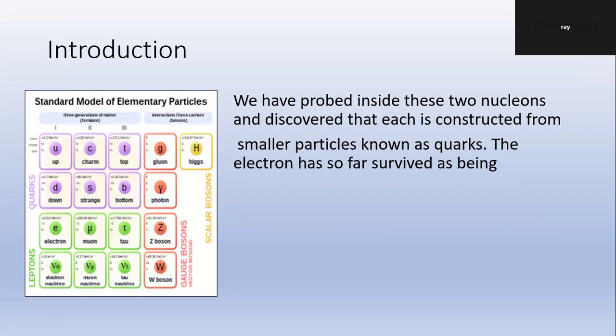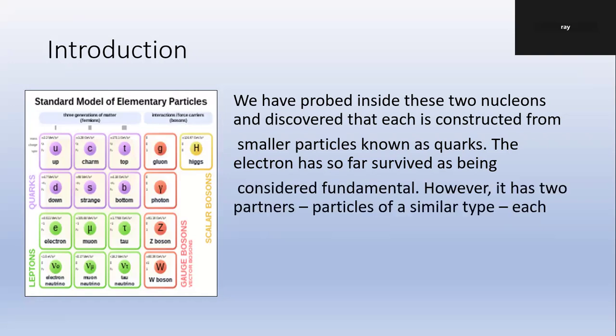So we know that there's something inside there called quarks. The electron has so far survived as being considered fundamental. So the electron is still the elementary or fundamental particle because there's nothing smaller inside the electron.